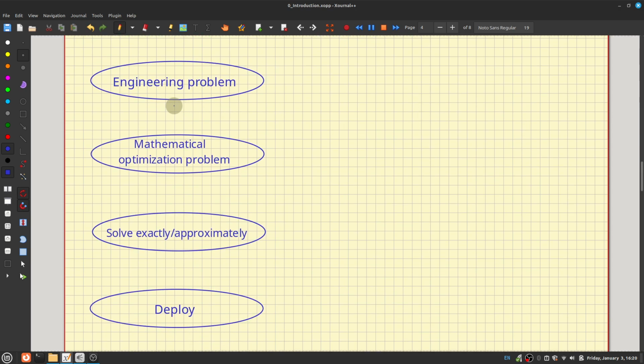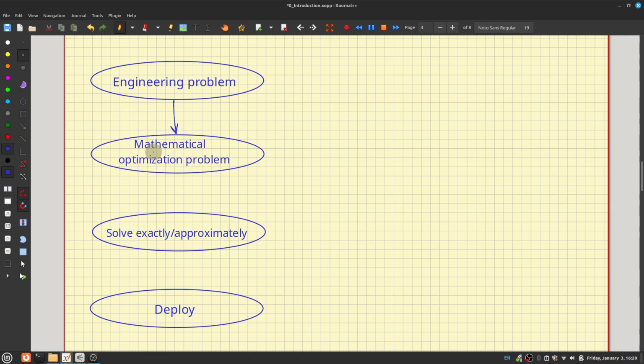But this step in going from the engineering problem and posing it as a mathematical optimization problem may or may not be unique. There could be very different ways of formulating the same engineering problem as a mathematical optimization problem. For instance, suppose that I want to design a communication system, right?